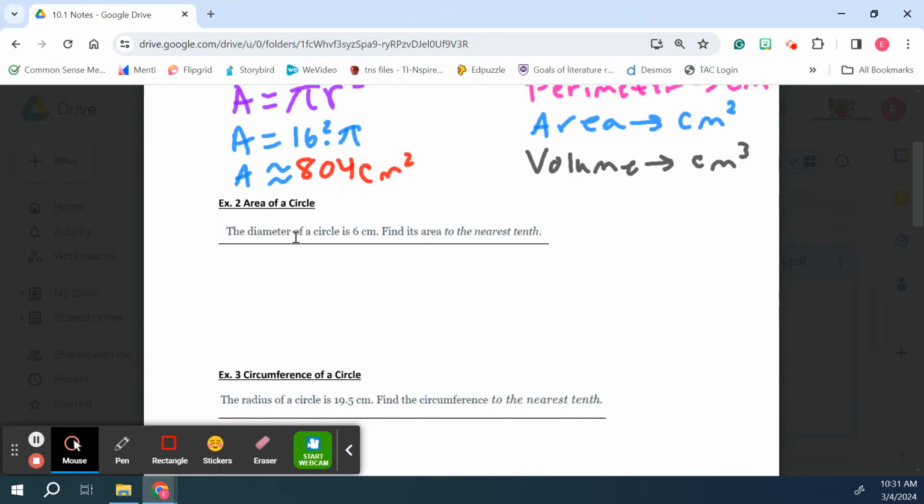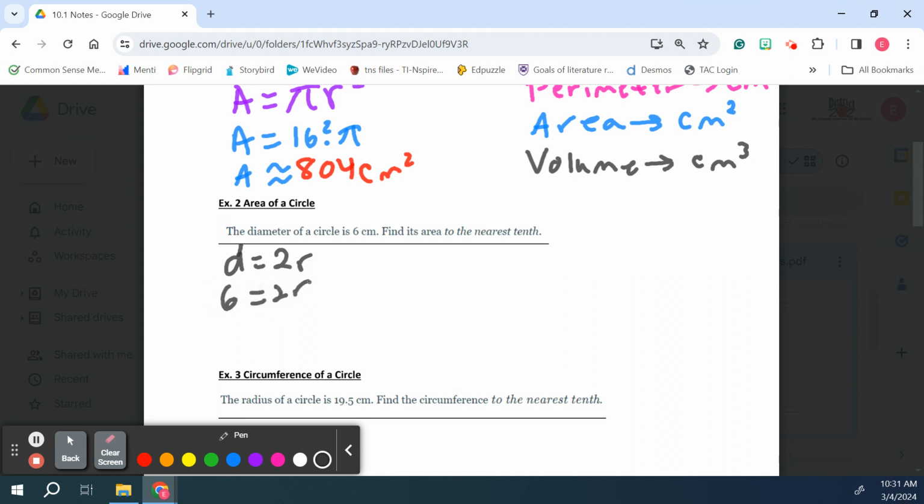The diameter of a circle is 6 centimeters. Find its area to the nearest tenth. Diameter, remember, is equal to 2 times the radius. They're telling us this is 6, so we divide both sides by 2, and the radius ends up being 3.